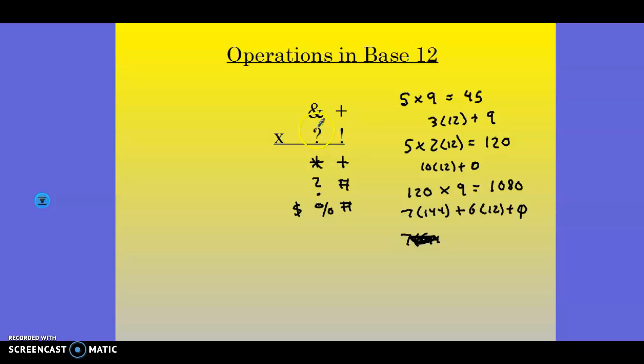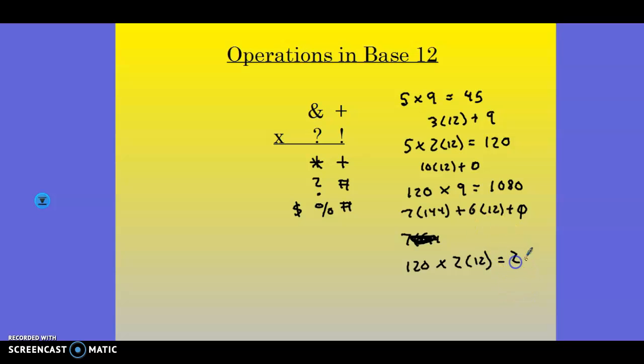The question mark was, that's the 5 12s. So that's the 120 times, again, that is 2 12s there. So you're doing 5 12s times 2 12s, which is 120 times 24.